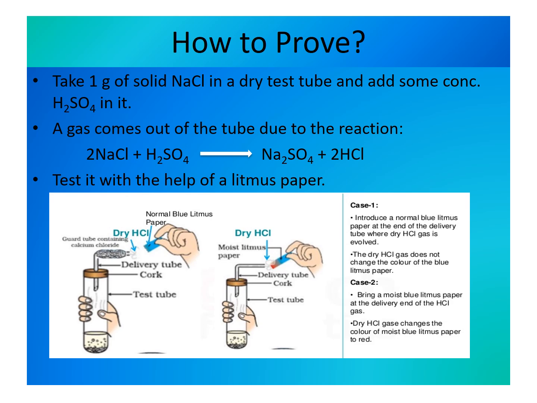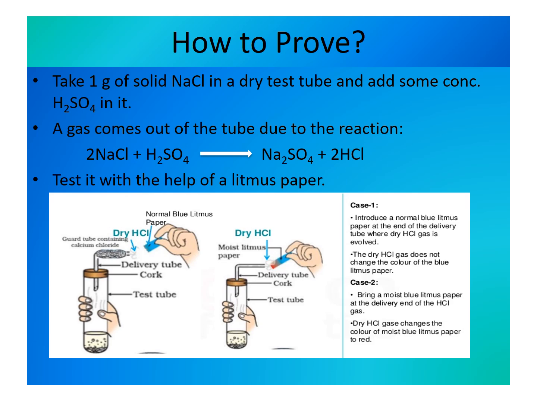So now what happens, as you bring this litmus paper near the mouth of the test tube, and we know the acids turn blue litmus red, so it should turn red in color. But what you will observe, it doesn't change its color, it remains blue only. So does it mean that HCl is not an acid? No, it doesn't mean that.